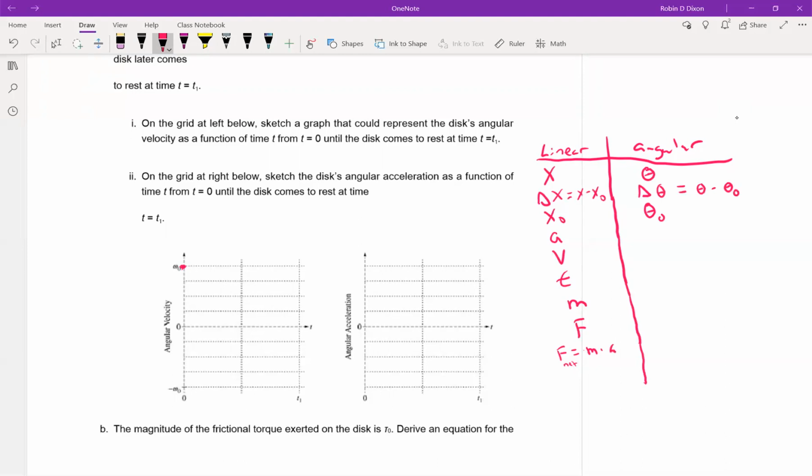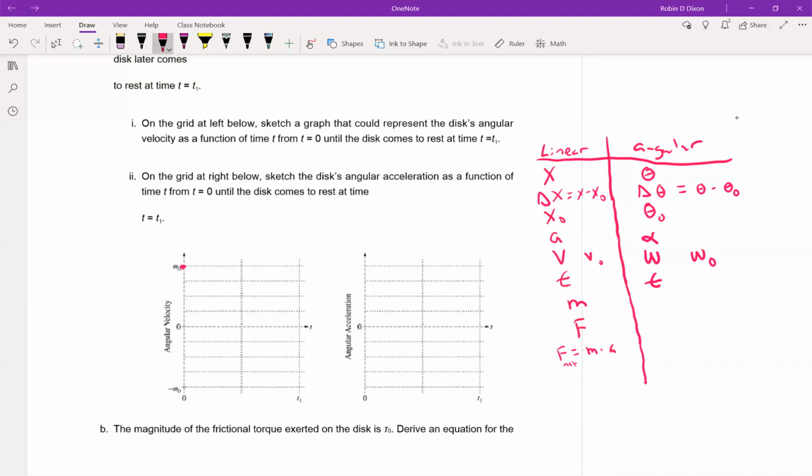We have not linear acceleration, but angular acceleration, that's alpha. We don't have velocity, we have angular velocity, that's omega. Going along with that, we have initial angular velocity. Time is the only thing that is one-to-one because time is time.